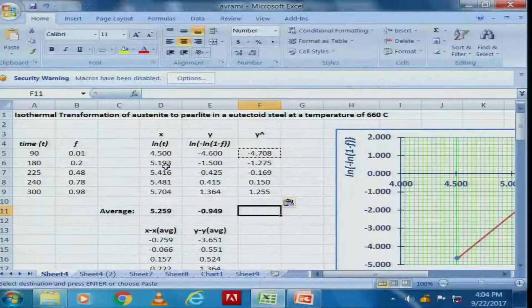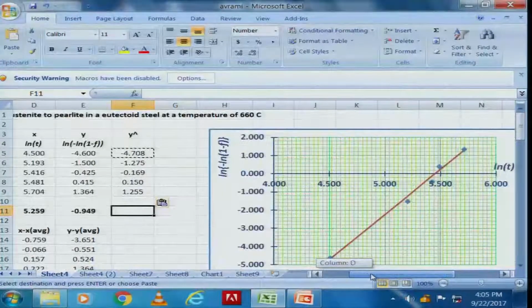So, for example, at an x value or log t value of 5.19, our measured response y was minus 1.5, and the predicted response now is minus 1.27. Similarly, at an x value of 5.7, the response was 1.36 and the predicted response is 1.255.